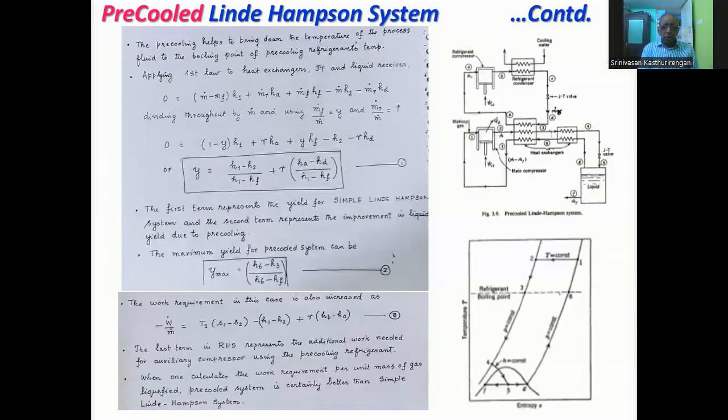Okay, now let us discuss the pre-cooled Linde-Hampson system. You can see on the right-hand side of your diagram, a flow diagram is shown here. The lower part of this is the actual fluid liquefaction part. The original heat exchanger of a simple Linde-Hampson system is now split into two parts, and the first part of it is utilized for pre-cooling by a separate refrigerant from outside.